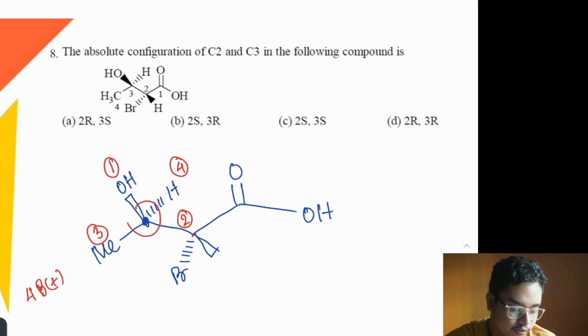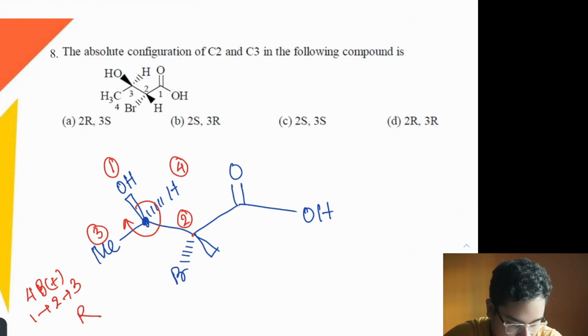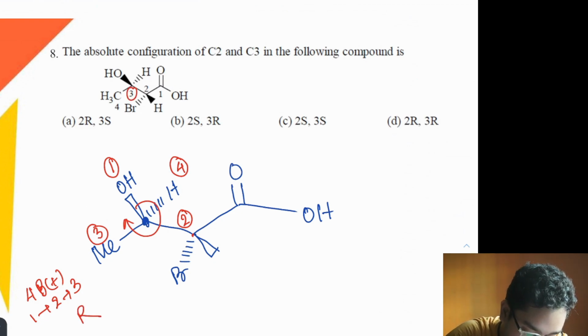The rotation of 1, 2, 3 is what? This is clockwise. So that means this is R. Now here this is the 3. That means 3R is correct. This 2 is wrong. So this is a 3R. And this is the second center.